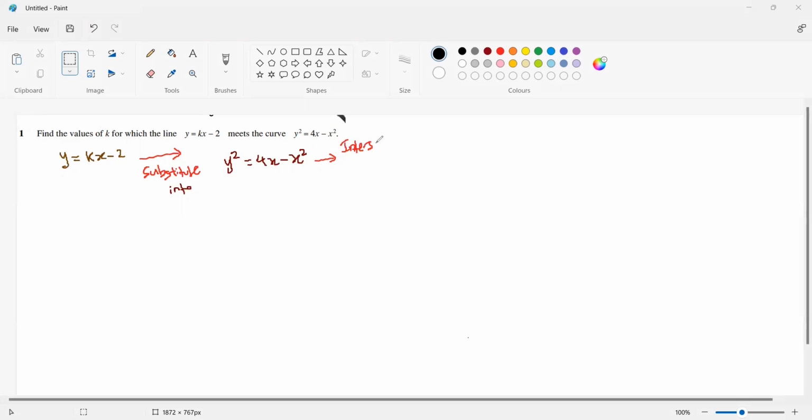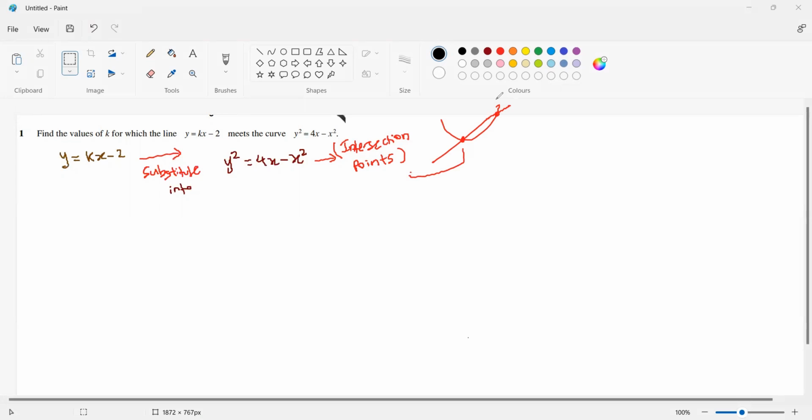That's the general idea, because the y and x in each of these equations are the same. So when you substitute this y into the other equation, you're saying both y's are the same. If both y's are the same, and this is a curve and this is a line, then both y's are only the same at these 2 points, which are the intersection points.